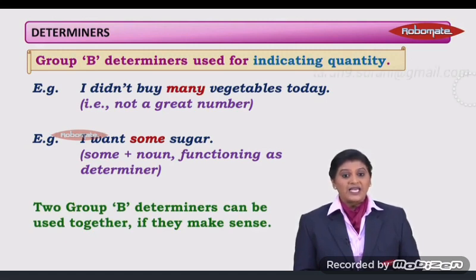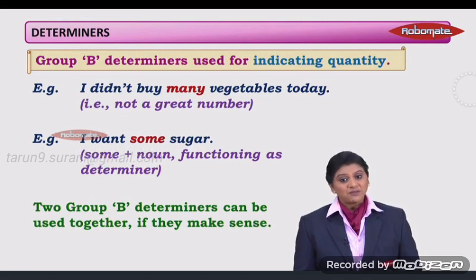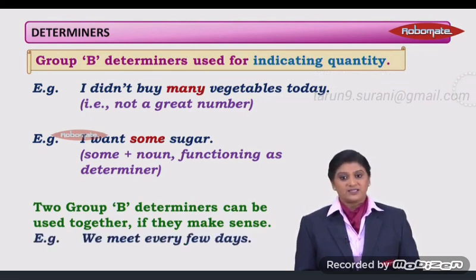First of all, let us know something very important about group B determiners. Do you remember? Group A determiners cannot be used together, two of them together. But group B determiners, two of them can be used together if they make sense. That means not all determiners from group B can be put together, but a few like this.